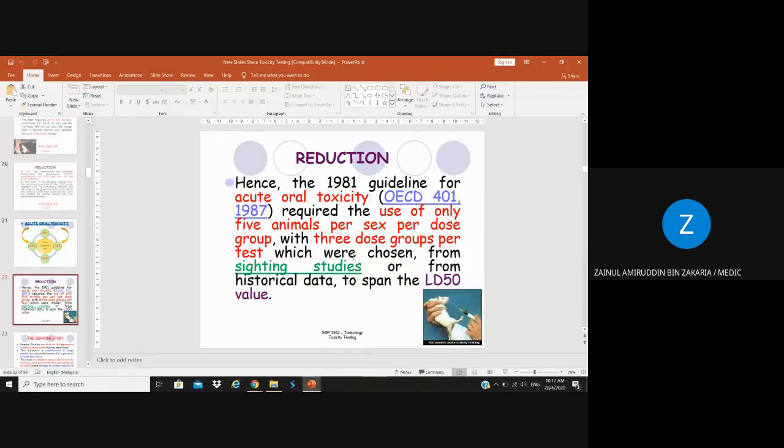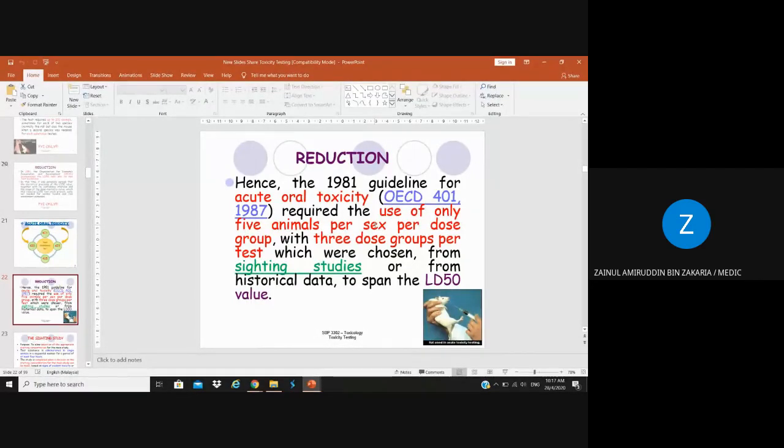They are chosen from a citing study, so what is a citing study? I will explain to you after this. Or from historical data. When you want to do an acute toxicity study, there are 2 ways of doing the test depending on the compound or substance.